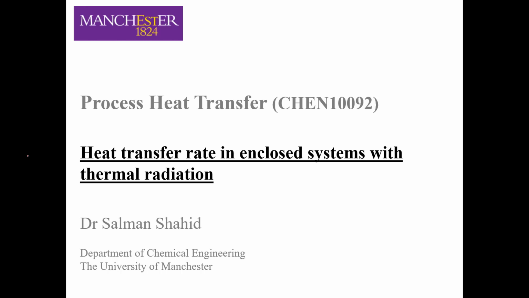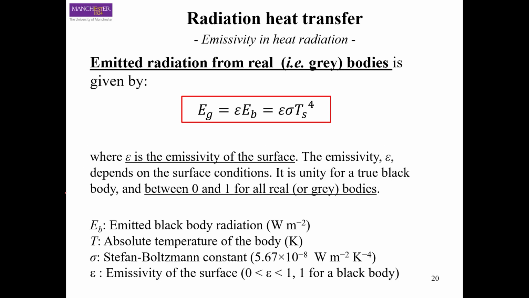In the previous part we looked at black bodies and gray bodies and how we can calculate the heat emission from a body by using Stefan-Boltzmann law.